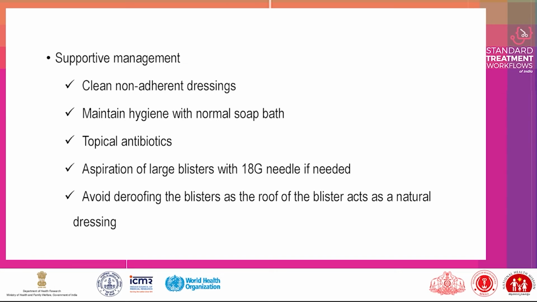Supportive management: clean, non-adherent dressings, maintain hygiene with normal soap bath, topical antibiotics, aspiration of large blisters with an 18G needle if needed. Avoid de-roofing the blisters, as the roof of the blister acts as a natural dressing.